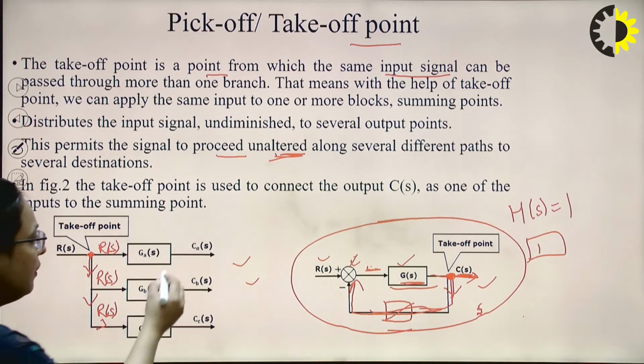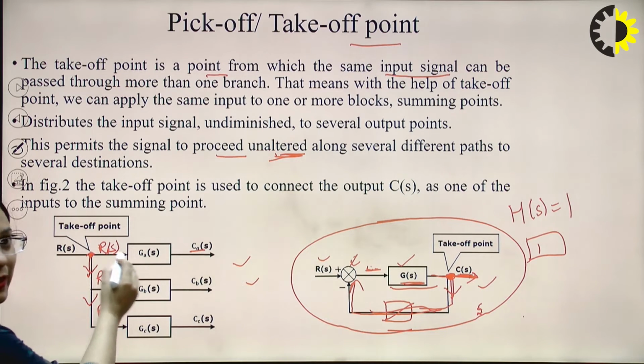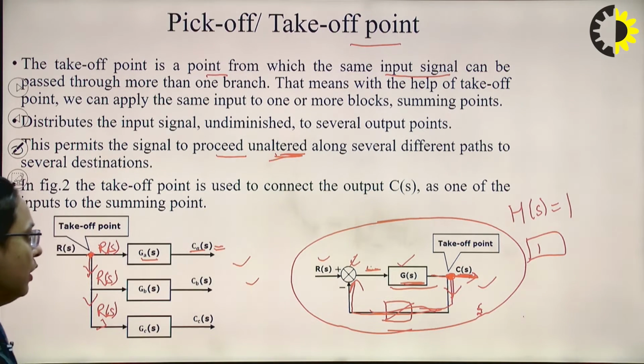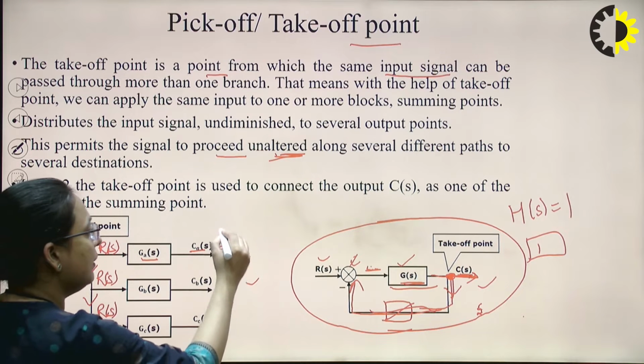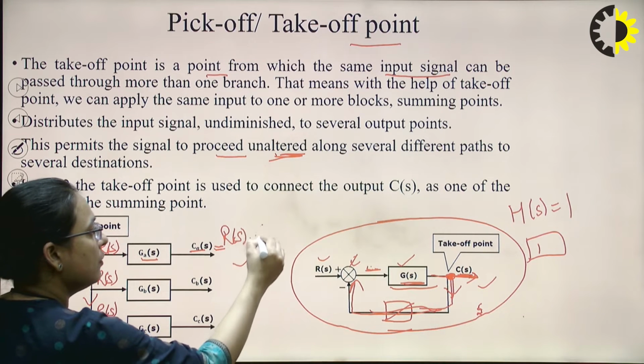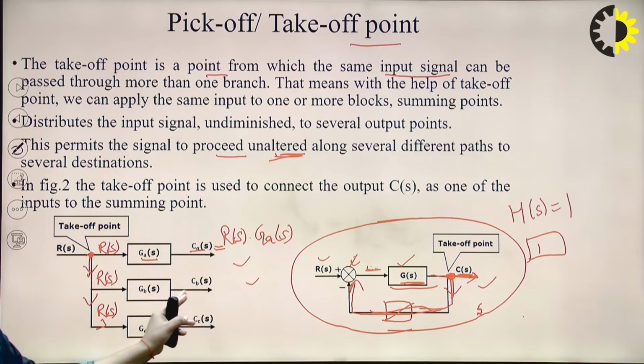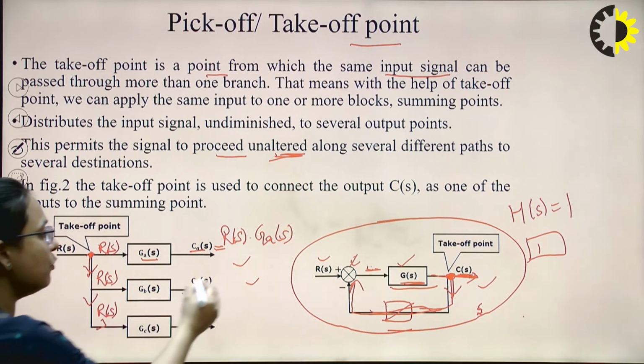So here C_A(s) will be this R(s) multiplied with G_A(s), and we get the output as C_A(s). So C_A(s) will basically be R(s) into G_A(s). Similarly, C_B(s), the output of the second signal, will be R(s) into G_B(s).